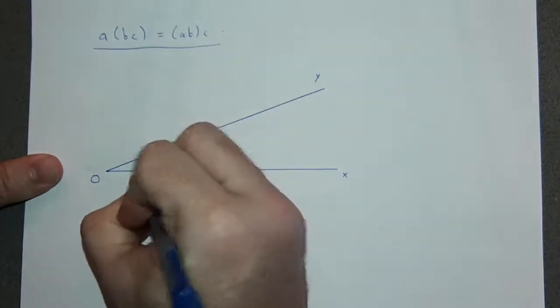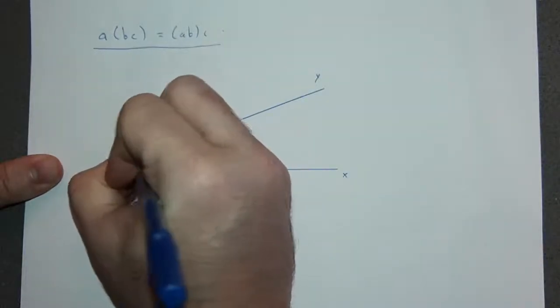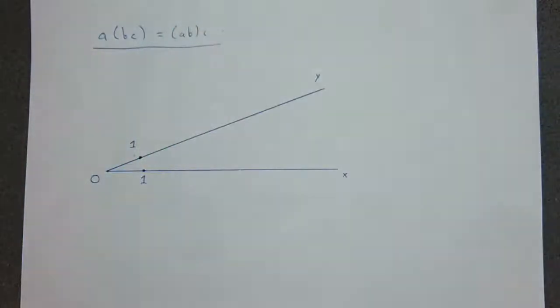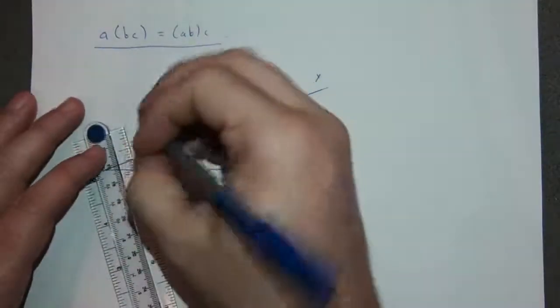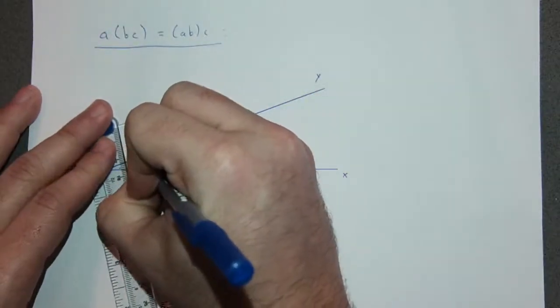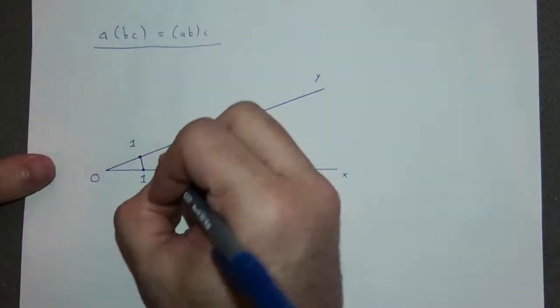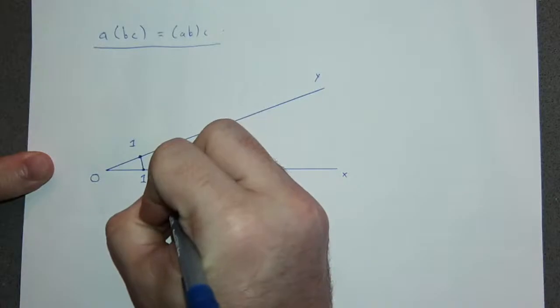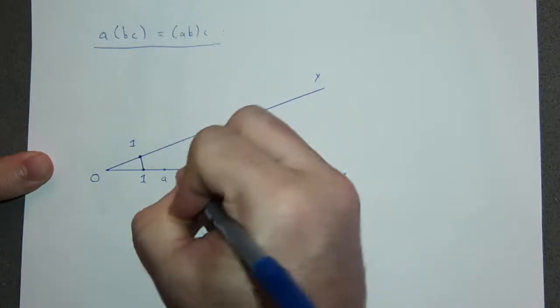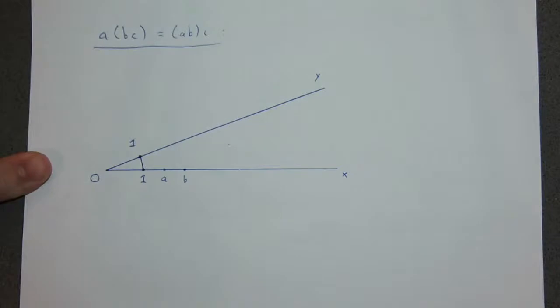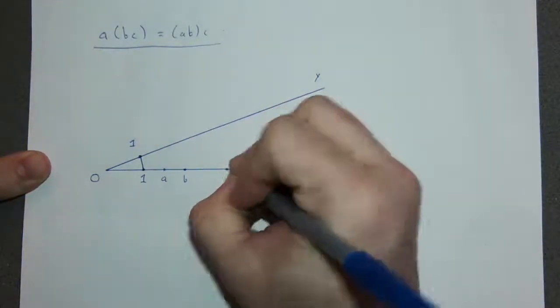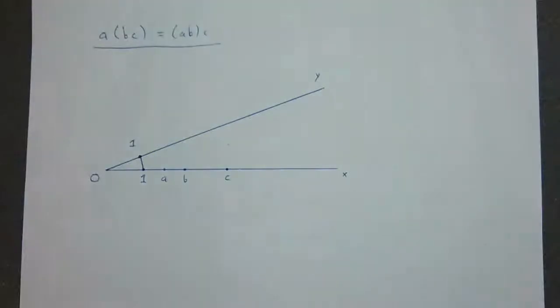So here's my 1 on the x-axis, here's my 1 on the y-axis, and I'm going to connect those with a solid blue line. Okay. Now I need A, B, and C. So here's A, and here's B, and let's put C not too far away. Let's put it right here. Okay, I think this might fit. We might have to extend it a little bit.